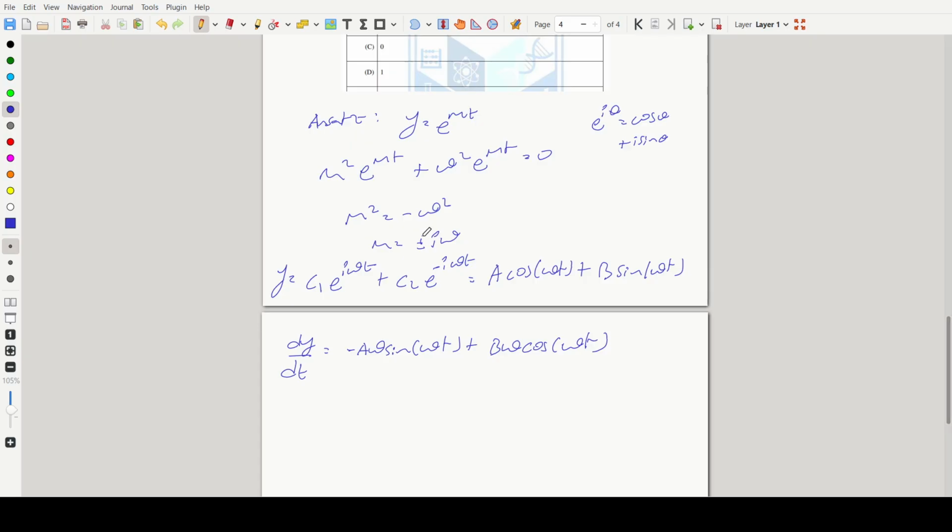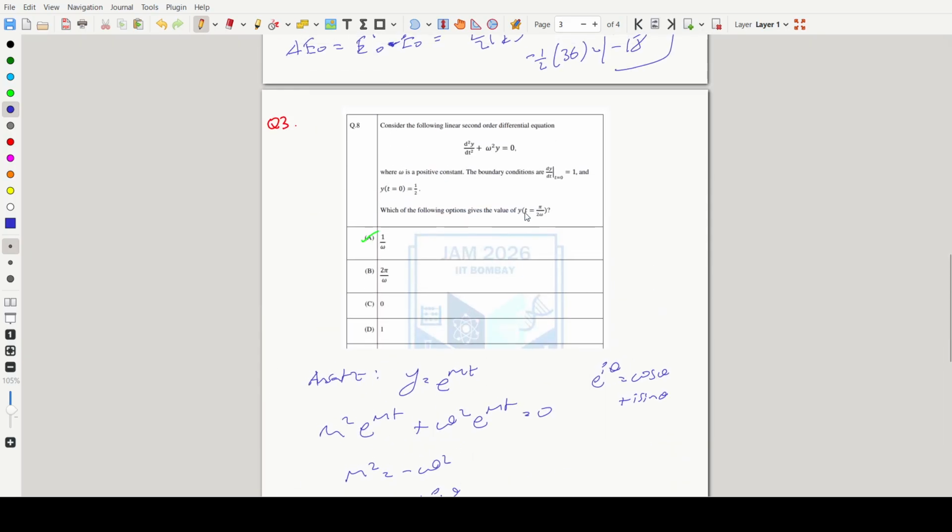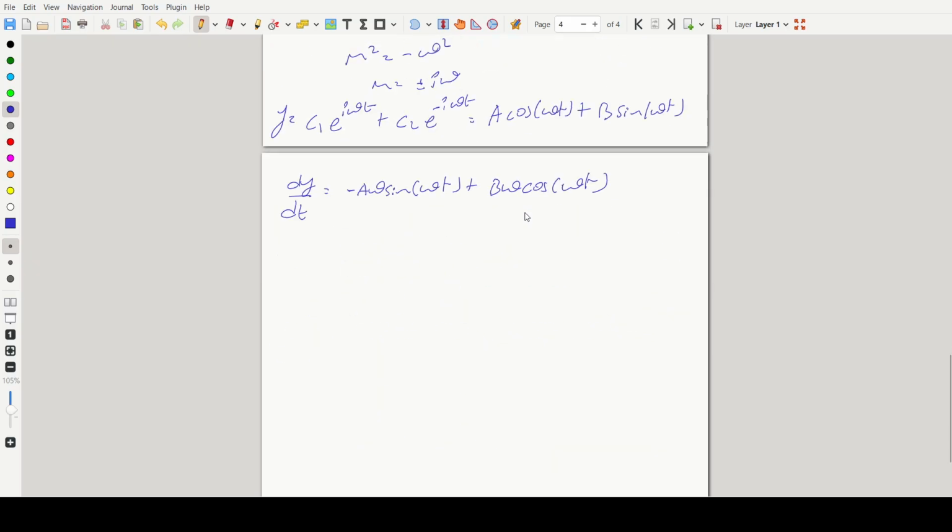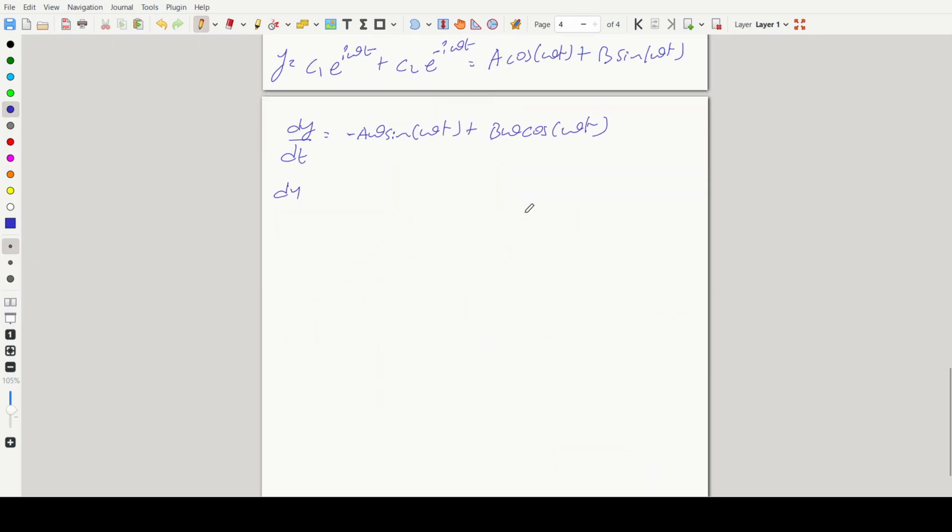Okay, perfect. And now one of my boundary conditions is that the first derivative at t equals 0 equals 1. So dy by dt at t equals 0 should be 1. And sine at t equals 0 is 0, and cos at 0 is 1. So my b is 1 over omega.